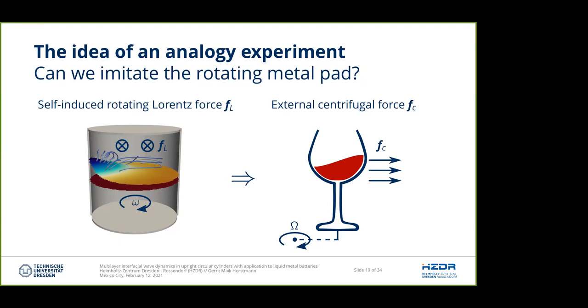So my idea was to make a simplified analogy experiment, because I realized that when you swirl around a glass of wine to release its bouquet, for example, so this intuitive wave motion, if you just take a glass of water and do this, I checked the theory of this sloshing dynamics and realized that this wave in the leading order is the same wave destabilized by the metal pad roll instability.